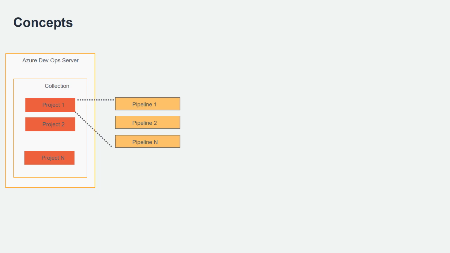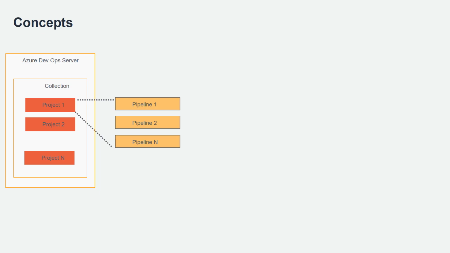Or you can have a pipeline that does weekly build, a pipeline that does nightly build, or a pipeline that is executed every time a developer commits something. So a pipeline is nothing more than a set of steps that need to be executed to build, run, and test a software.